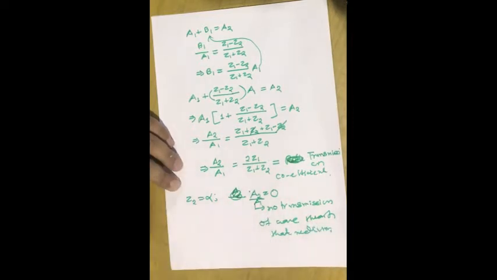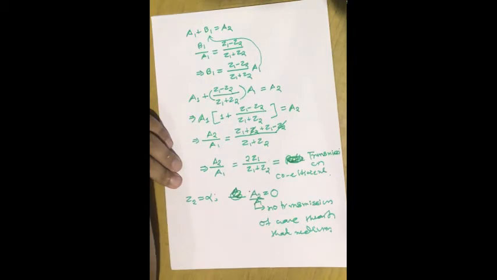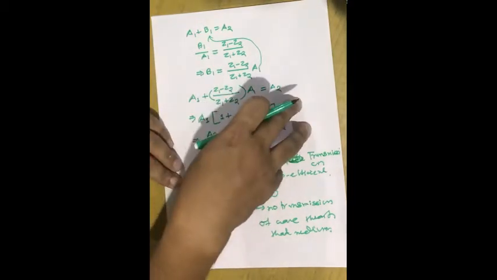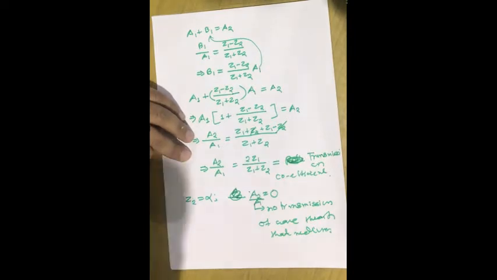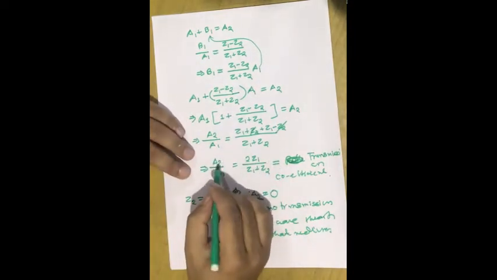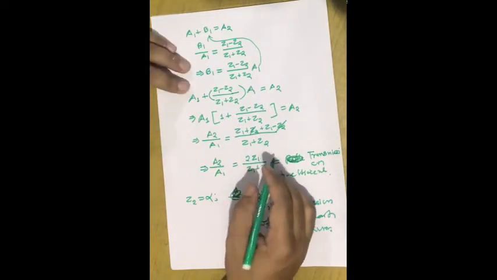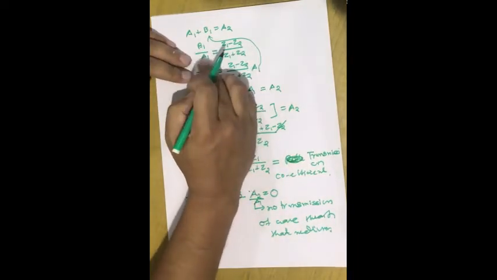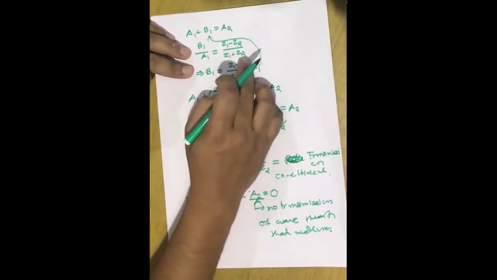Okay. So in this way we can derive those important conditions once we consider the reflection and the transmission coefficient. This you have to remember: A2 by A1 is equal to 2Z1 over Z1 plus Z2, and B1 over A1 is equal to Z1 minus Z2 divided by Z1 plus Z2.